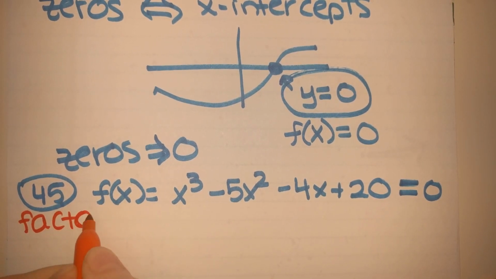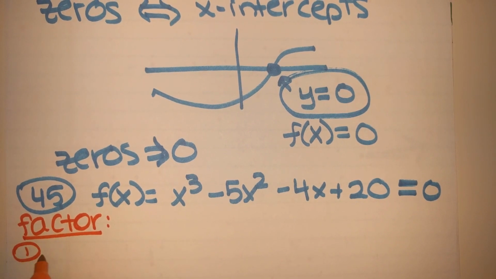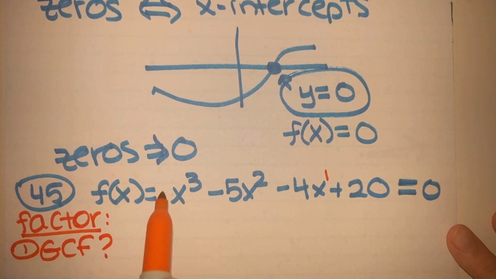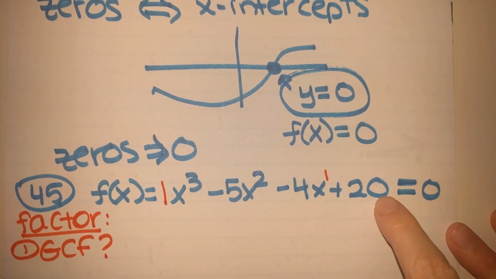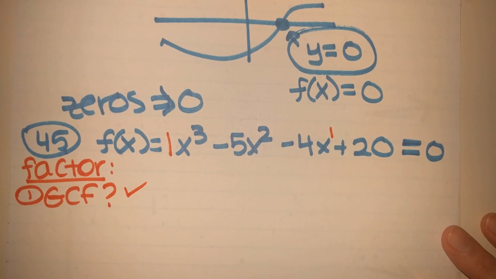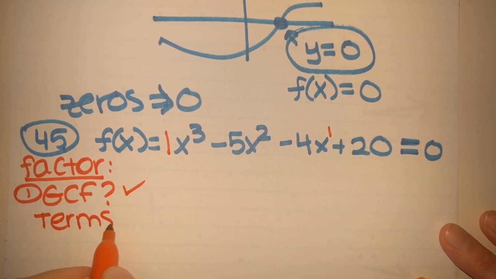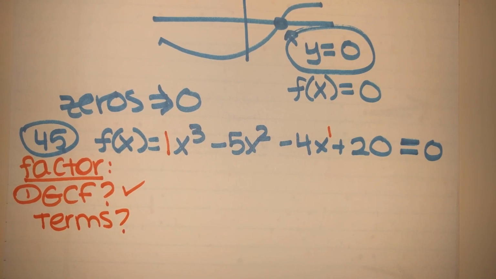Now, when you think about factoring, the first thing you should always ask yourself is, is there a GCF? When you look here, x cubed, x squared, x to the first, constant, there are no x's in common. If you look at the number part, 1, 5, 4, 20, nothing in common to pull out. So the GCF is done. Then what I like to think about is how many terms we have, because that is going to determine what type of method we use.